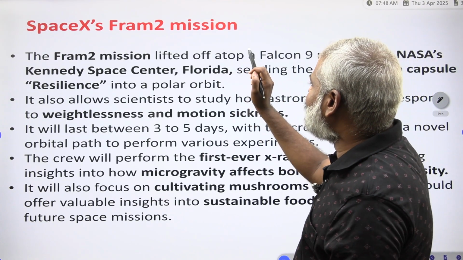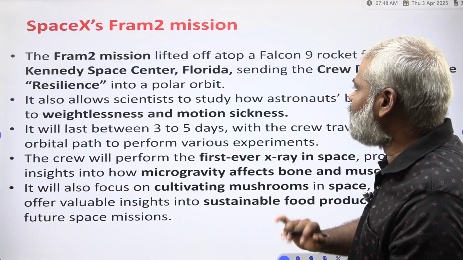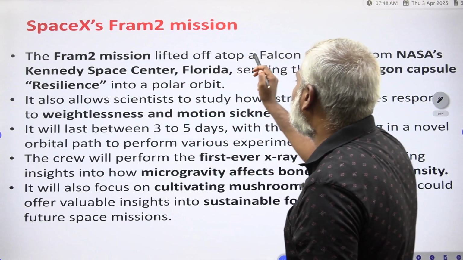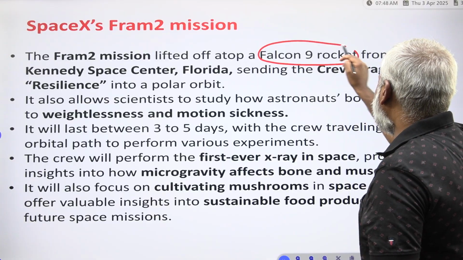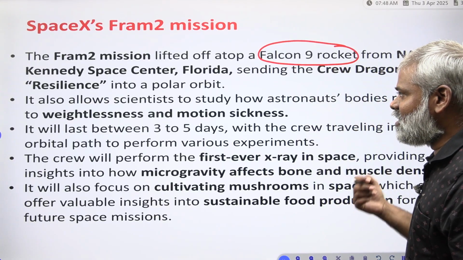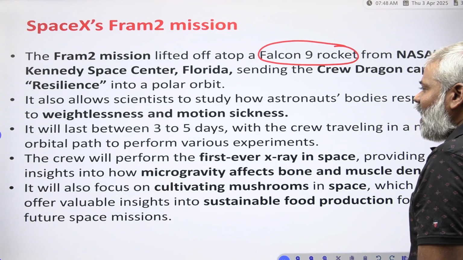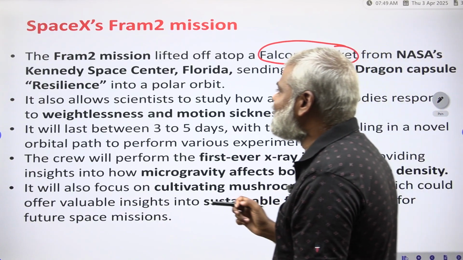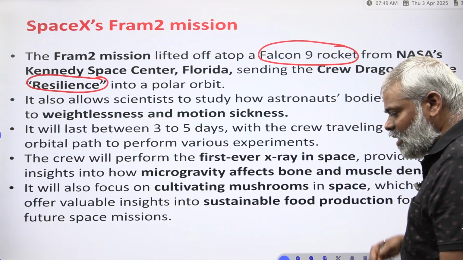Now, what are the important features of the SpaceX Fram2 mission? The Fram2 mission lifted off atop a Falcon 9 rocket from NASA's Kennedy Space Center, Florida, sending the Crew Dragon capsule, named Resilience.